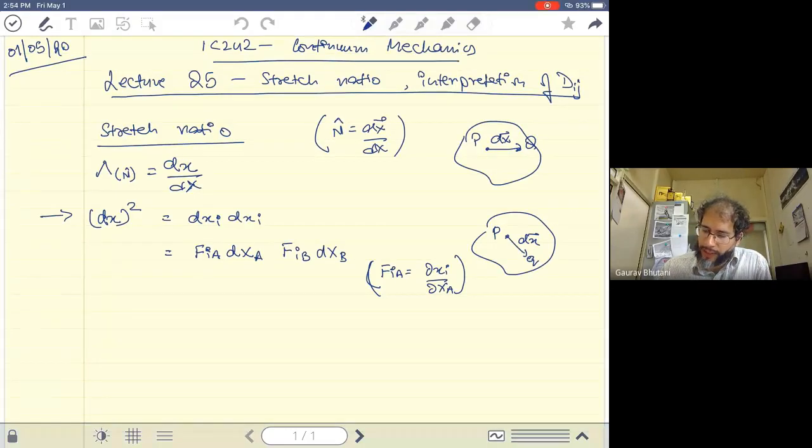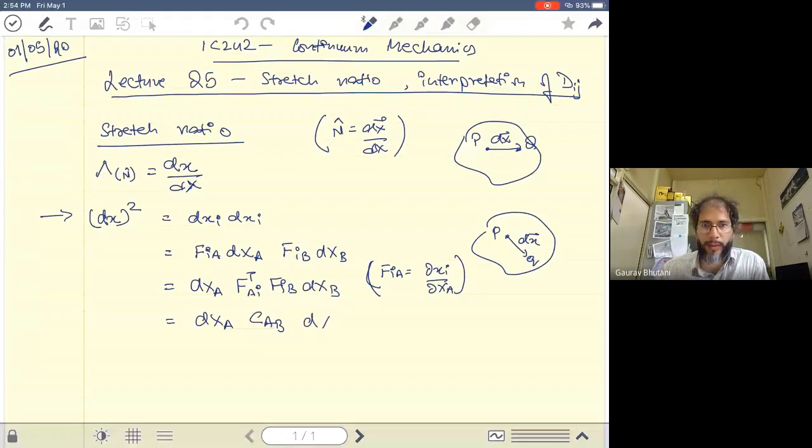Now I'll rearrange the terms here. This becomes dXA, and then I can write FiA as the Ai term of F transpose. And this F transpose F, as we already know, is our Green's deformation tensor, that is C. So this becomes CAB dXB.